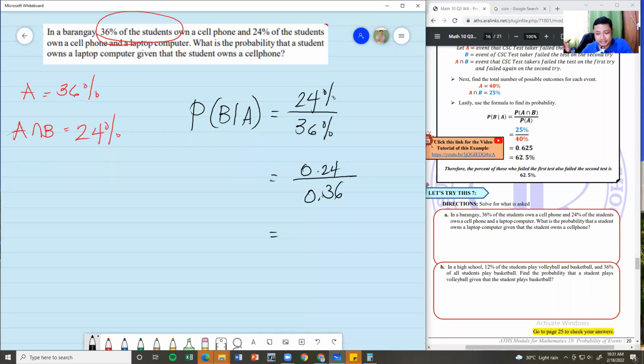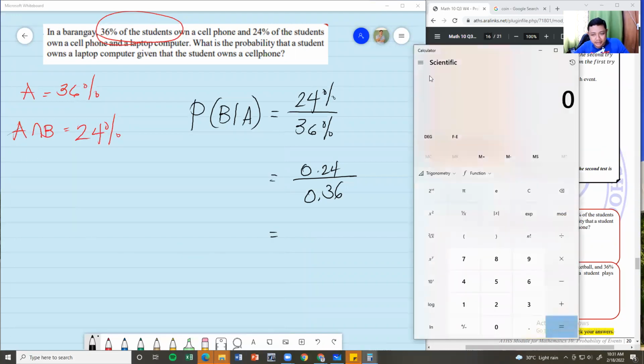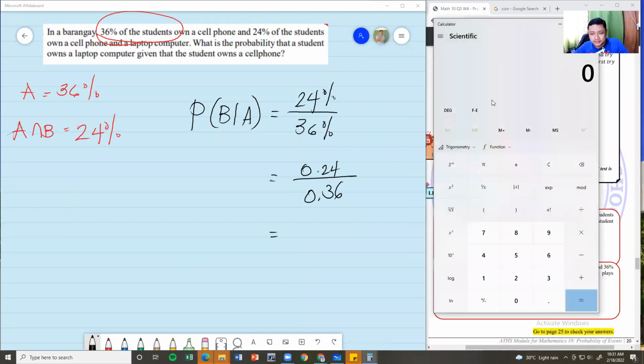Calculators, please. Press this in the calculator. What's the answer? 0.24 divided by 0.36. Type it in the chat box. I want you to express it in percent.